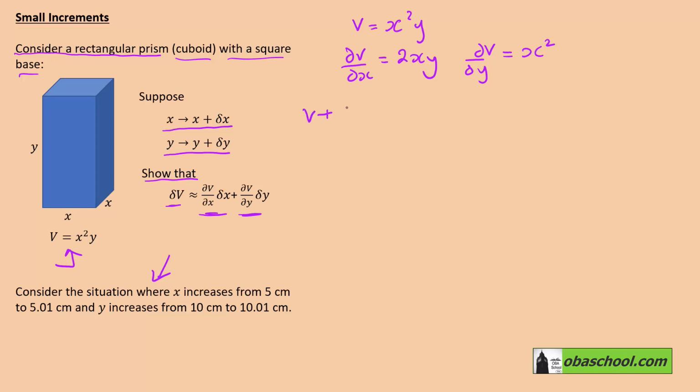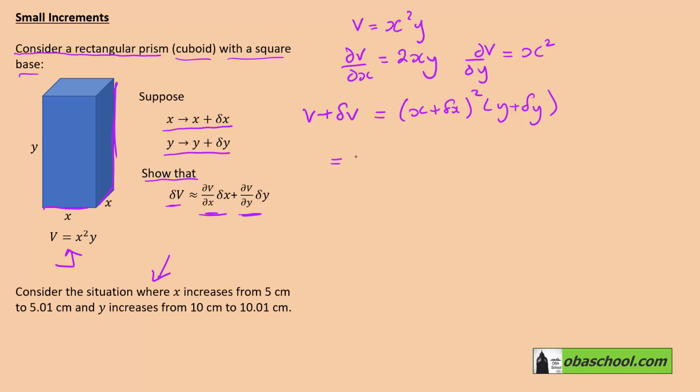So V plus delta V is going to be, so the base will become x plus delta x times x plus delta x. So that's x plus delta x squared. And the height will become y plus delta y. So that would be the new volume.